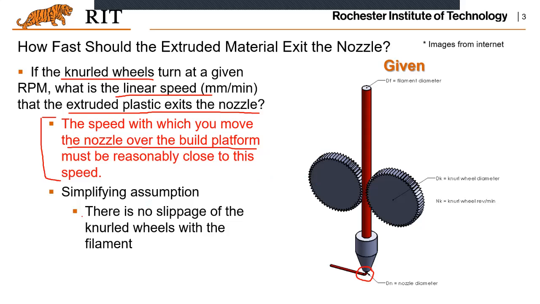The first one is there's no slippage between this knurled wheel and the filament, and that will simplify the question quite a bit, because if that's the case, that means the tangential speed at this point will be equivalent to the linear speed of the filament to be fed into this nozzle.